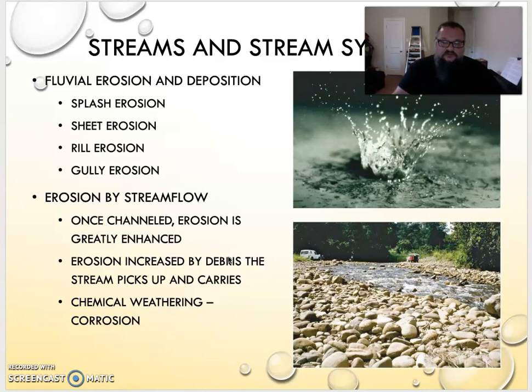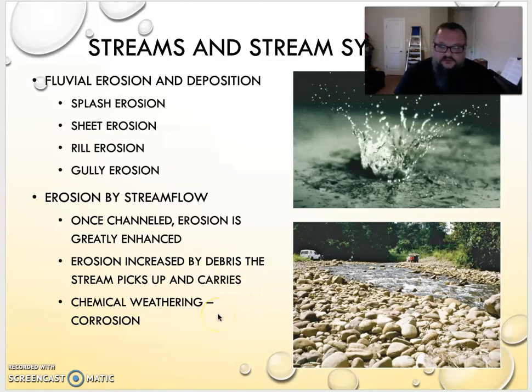And once those things are flowing in the river, they also become projectiles. So they're not only bouncing along the bottom of the stream and breaking the channel itself up, but when they're bouncing along the banks, they are breaking apart the area, and they're weathering the area around where the stream flows.